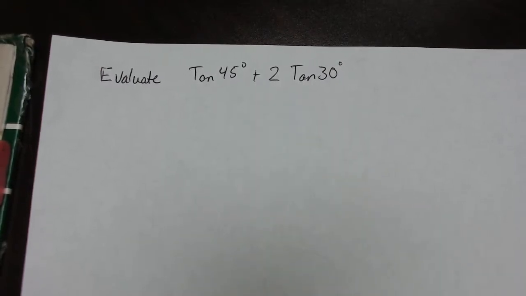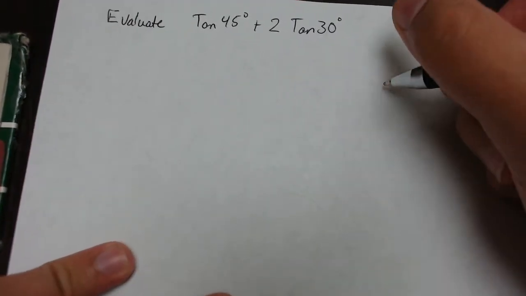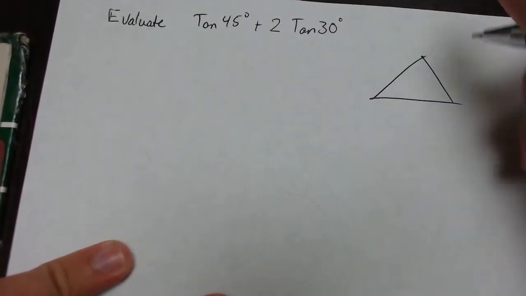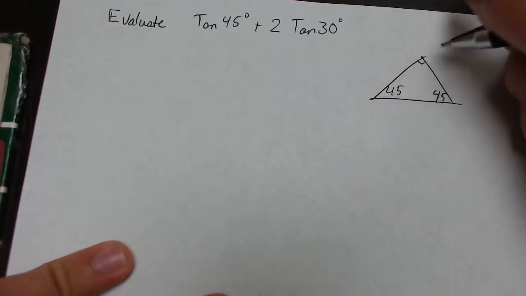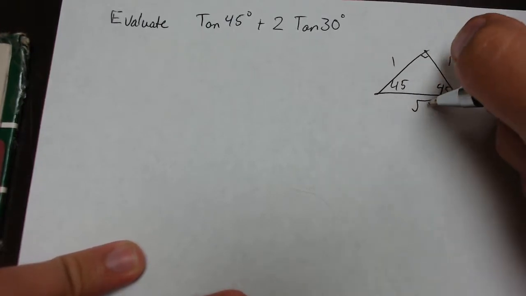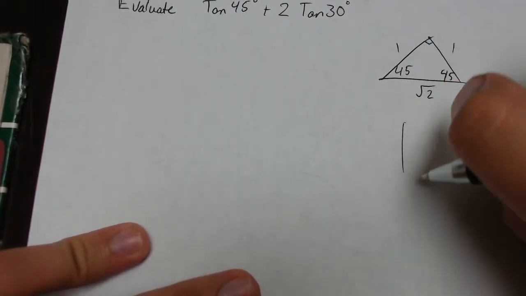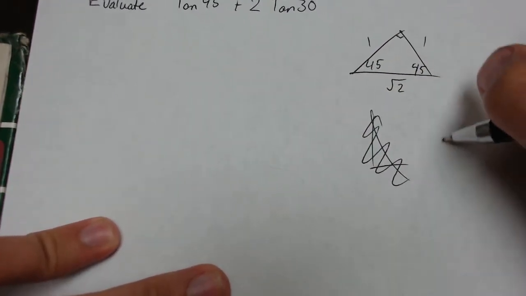Okay, so before we start doing this, we're going to have to draw our reference triangles. So the first one, the 45, 45, 90. 45, 45. Draw our 90 box, and then we have 1, 1, root 2. Then our 30, 60, 90. Let's try this one.